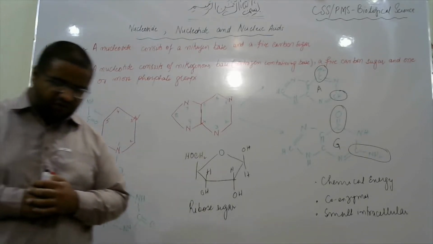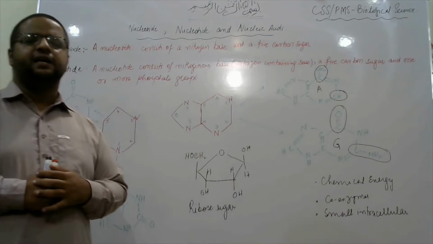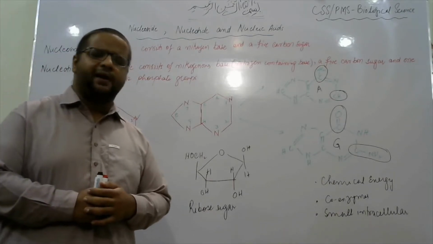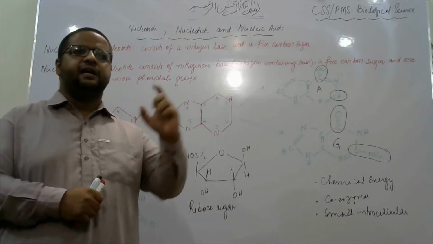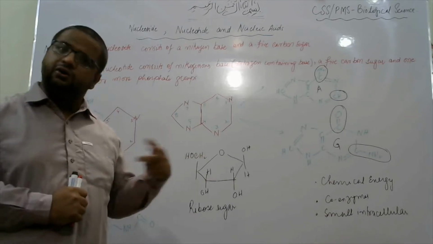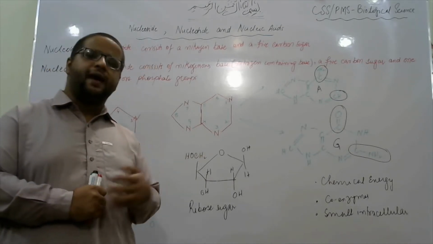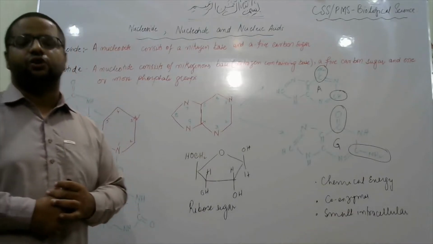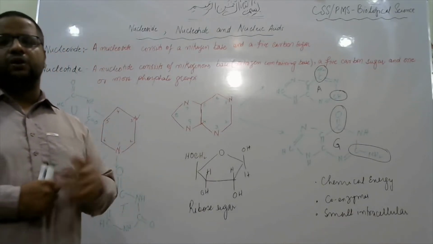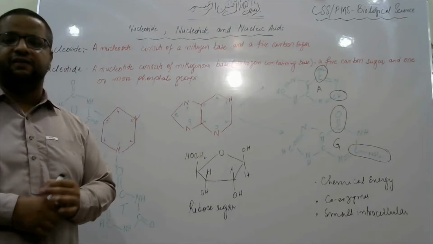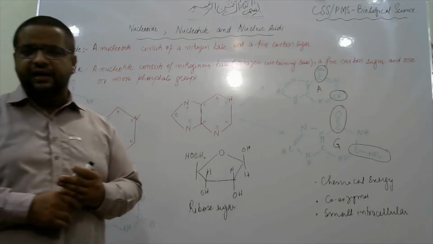So far we have discussed carbohydrates and proteins. They are biomacromolecules, so they have a monomeric unit. Nucleic acids do have one too. What is the monomeric unit of nucleic acids? The monomeric unit of nucleic acids is basically the nucleotide. But we are going to discuss both perspectives, nucleoside and nucleotide.